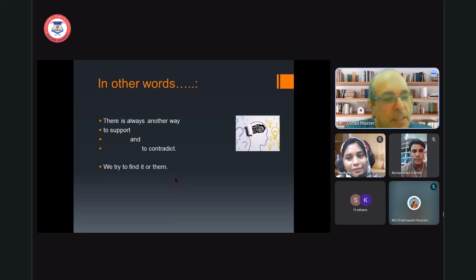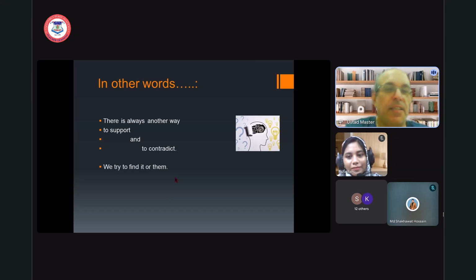How can we use critical thinking? We have some ideas, we have some similar ideas, and we have the same ideas with some other people. However, we can support our argument in different ways than other people. Okay, that's why we can use critical thinking. Also, we can use our critical thinking skills to contradict, which means you disagree with other people, and then you tell people why you disagree.